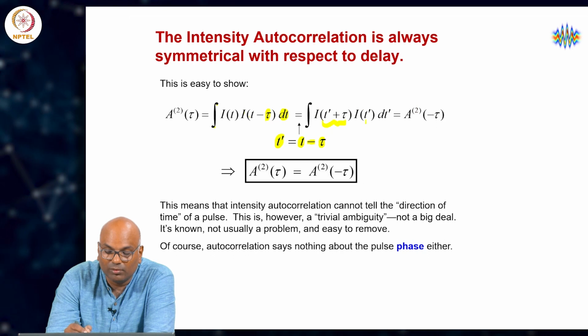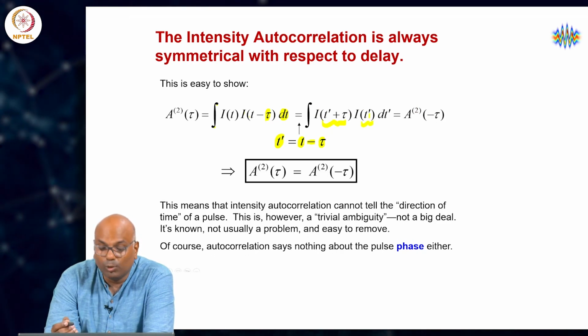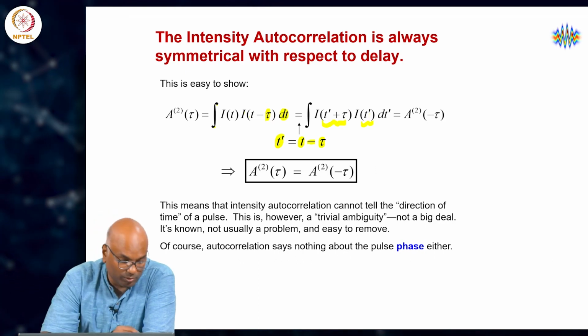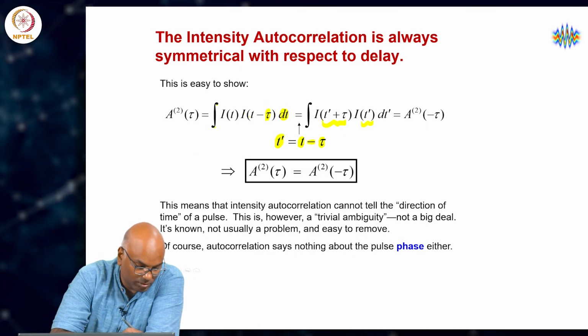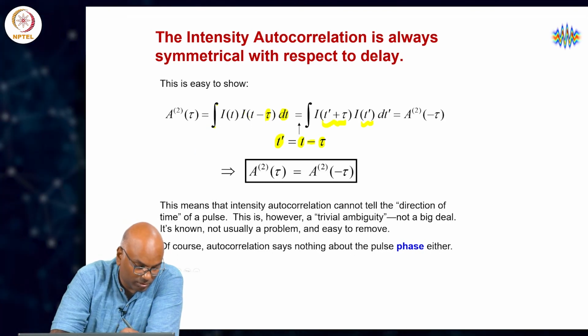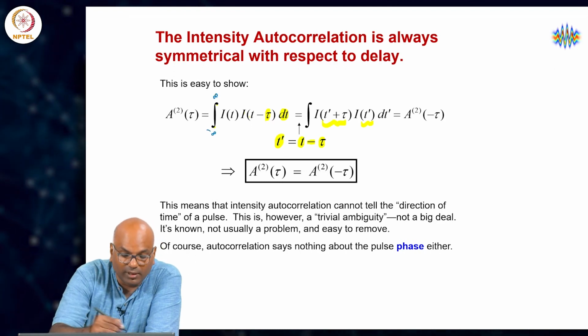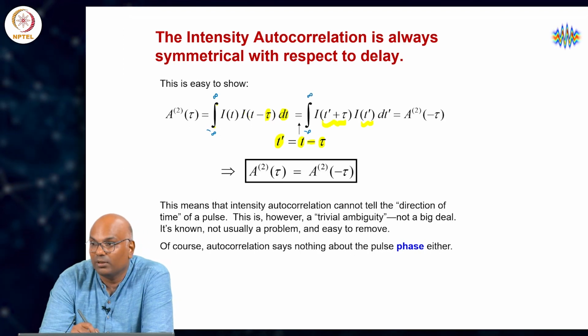From its mere form, both t and t prime are dummy variables, because the integral is going from minus infinity to infinity. Both integrals are indefinite, all integrals here are indefinite.